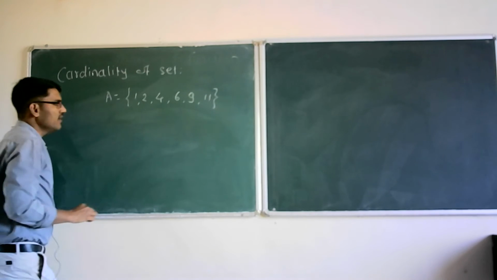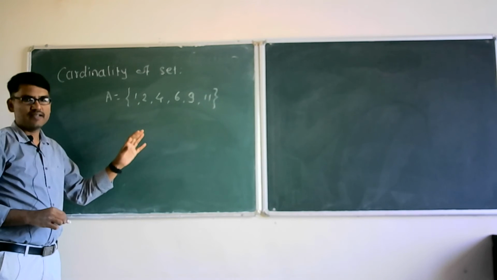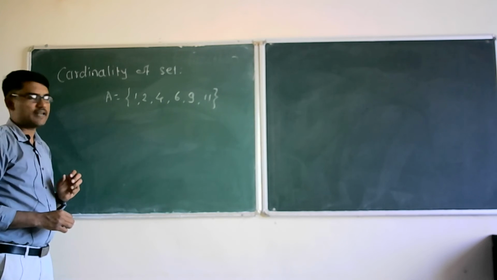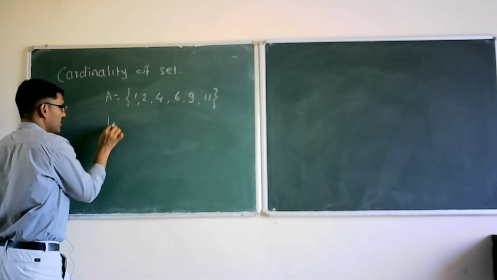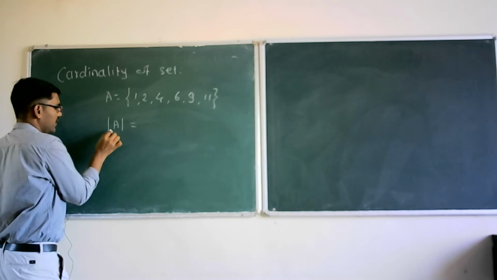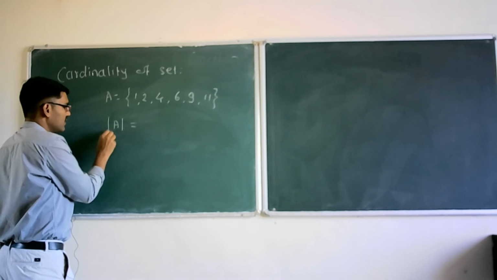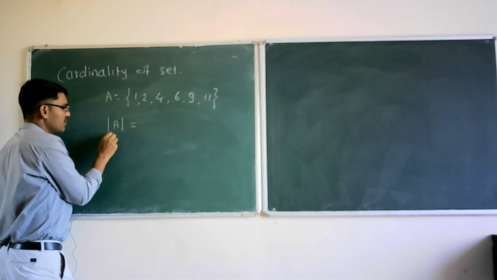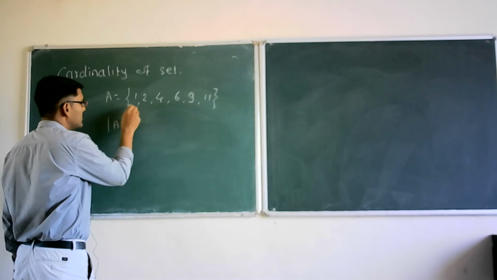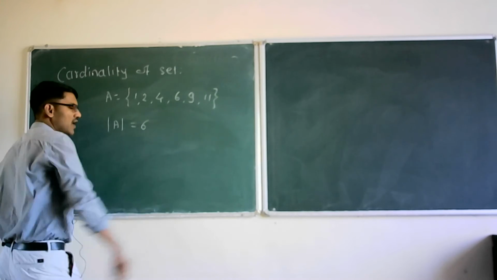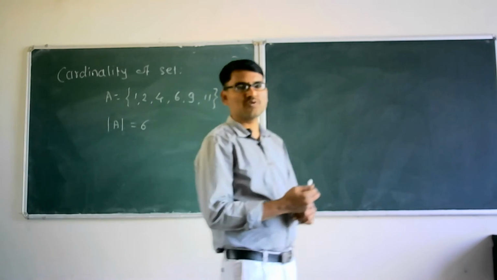Then the number of elements in that set is called the cardinality of that set. It is denoted by enclosing that set in two vertical lines. This is the symbol for the cardinality of a set, and it is equal to the number of elements in this set: 1, 2, 3, 4, 5 and 6. So the cardinality of this set is equal to 6.